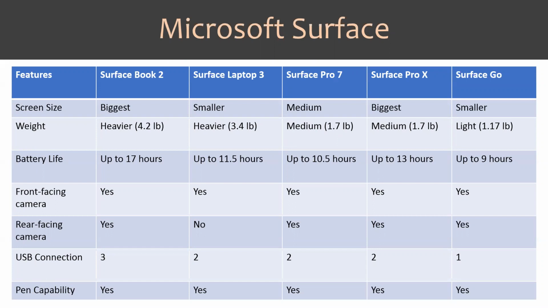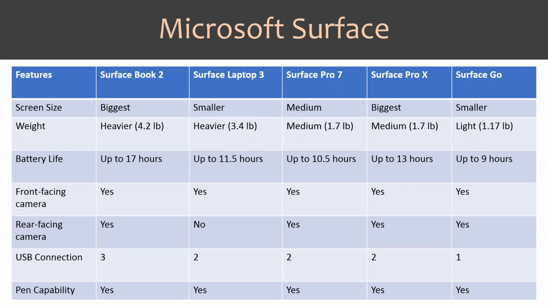We get 3 with the Surface Book, whereas you can see that smallest version, the Surface Go, only has 1 USB connection. But the great news about all of the Surface products is that all of them are pen capable. So they all allow you to write on your screen with some type of stylus.